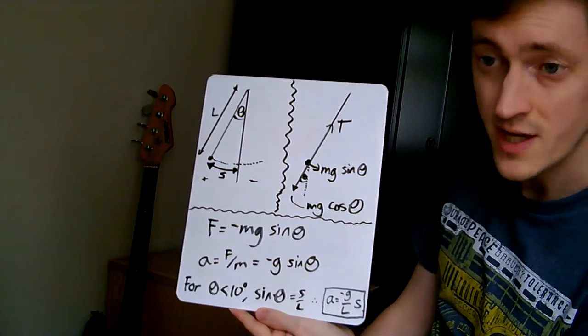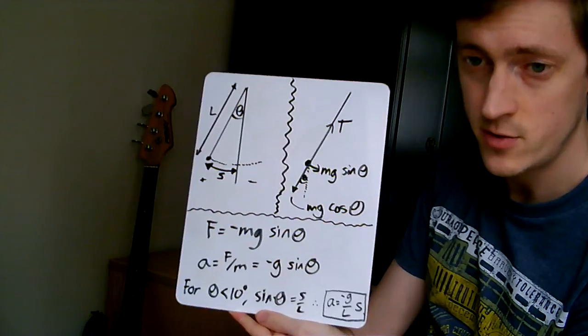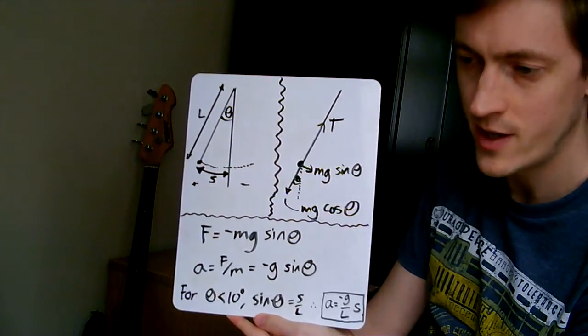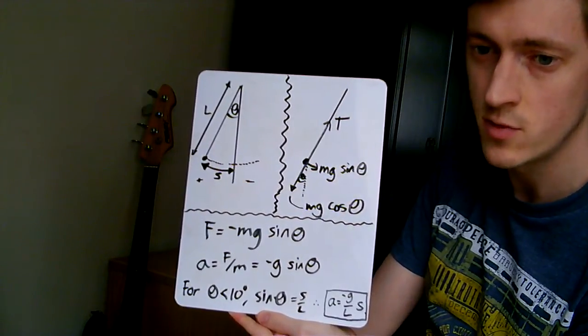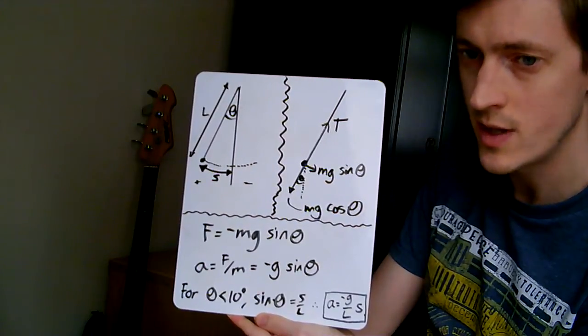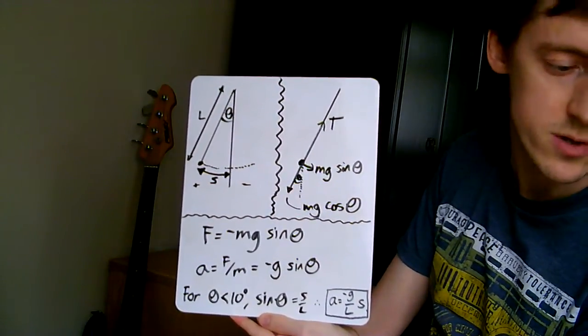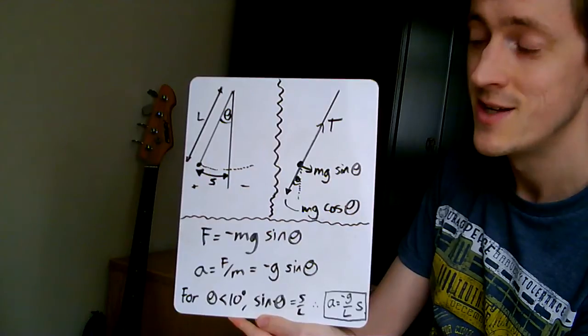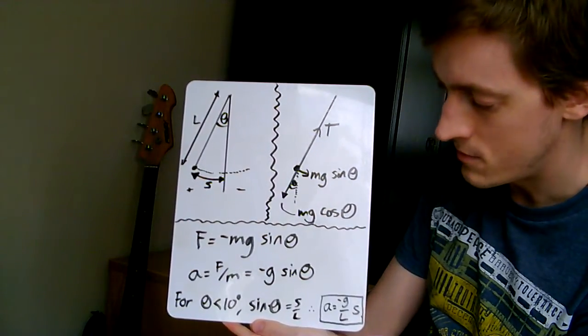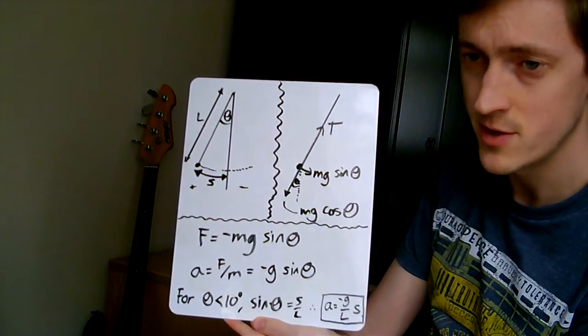Just before I do though, it does say in the spec that you need to know or be able to recognise when it's being used to derive the time period. And you'll notice we haven't done that in this. That's because the book doesn't derive the time period for SHM by using a small angle approximation.